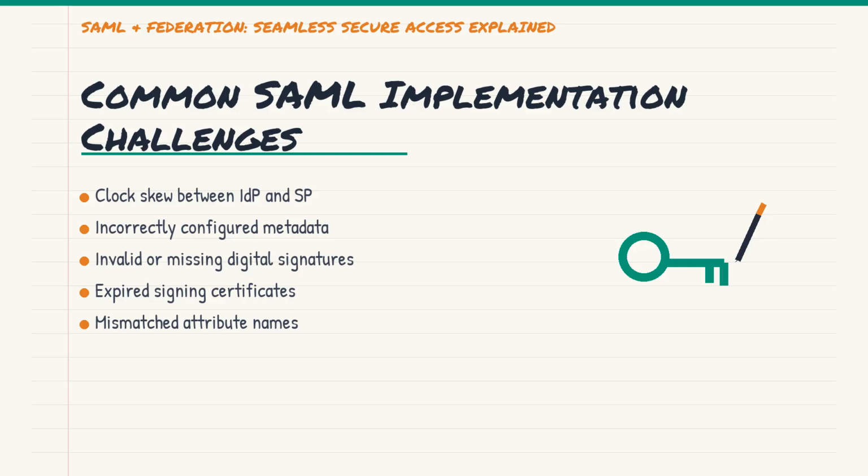And don't forget certificate expiry. If the IdP's signing certificate expires and the SP hasn't been updated, trust will break. We also see issues with attribute mapping. The SP expects an attribute named department, but the IdP sends dept or something else entirely. Debugging SAML can sometimes feel like detective work.